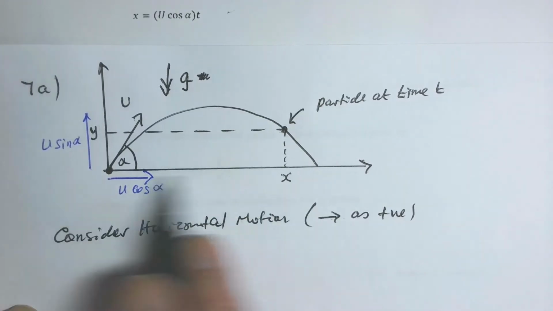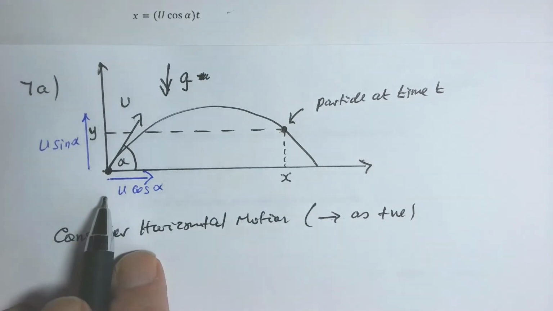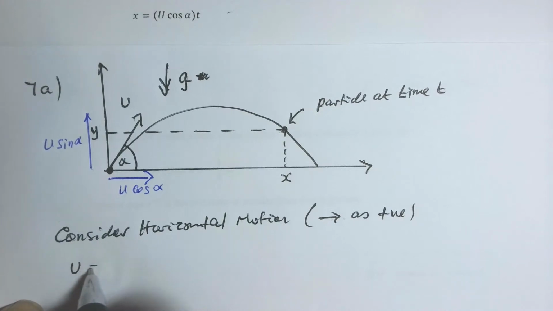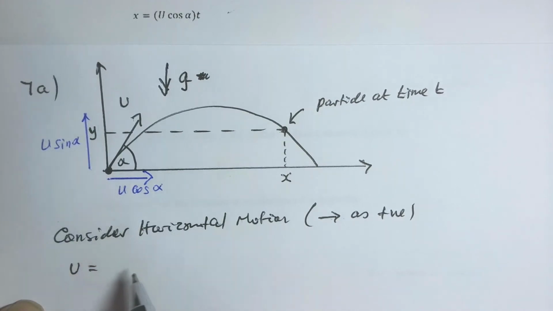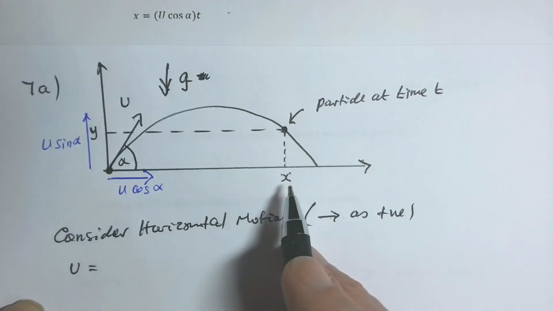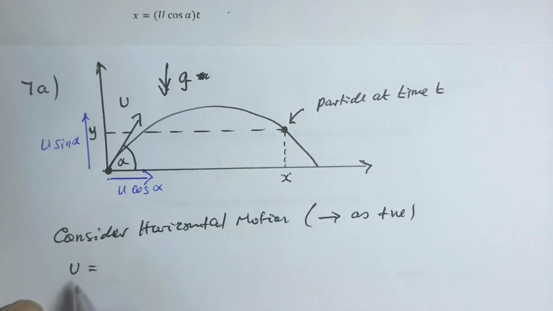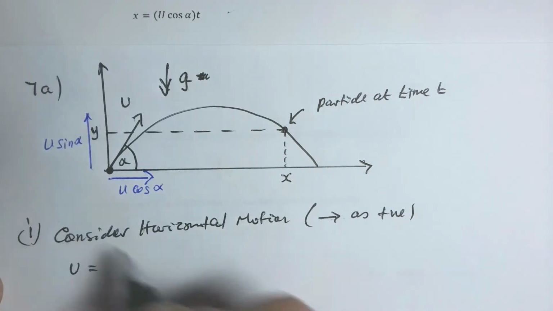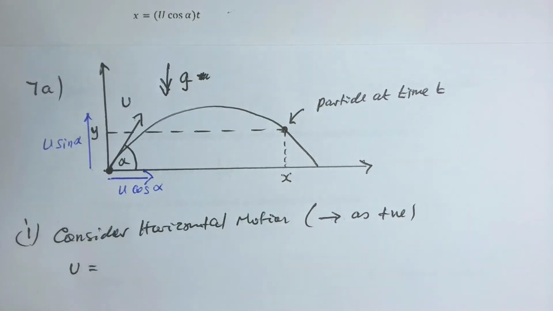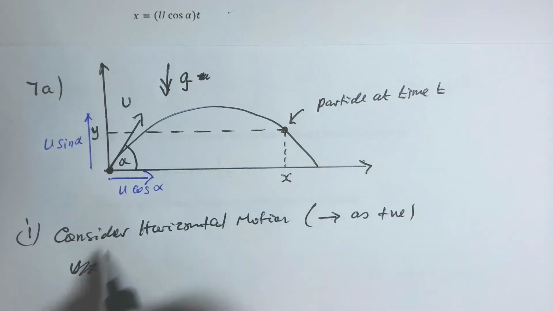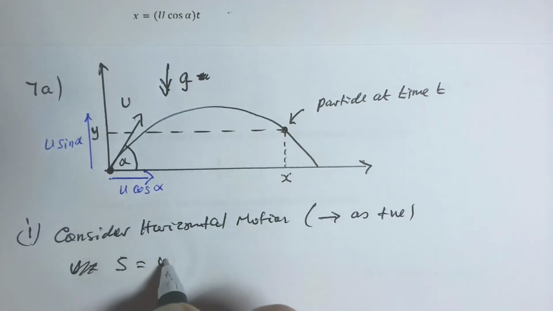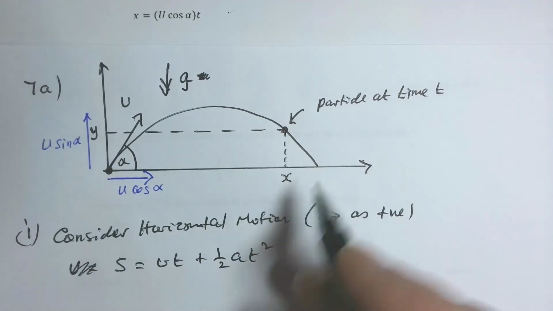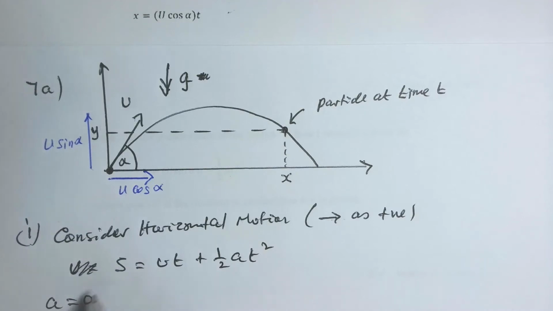There's no acceleration horizontally, and our initial velocity is u cos alpha. Just like we did in the last question, we use s equals ut plus a half at squared. That's our SUVAT equation, with a equals naught.